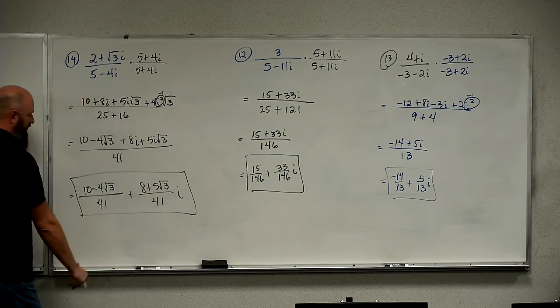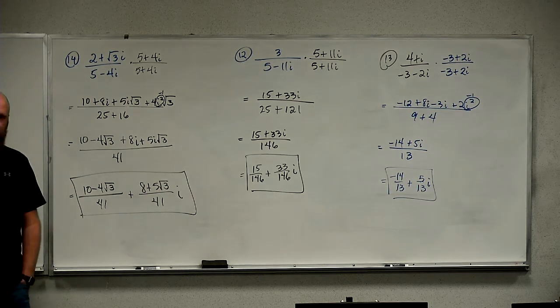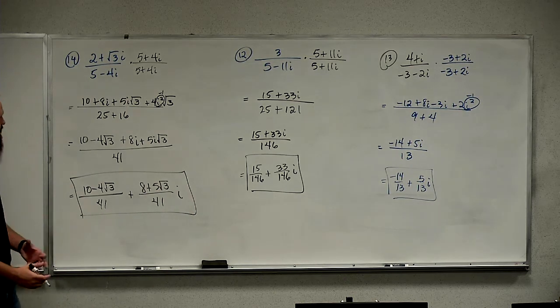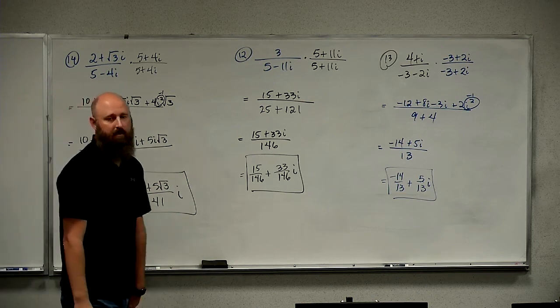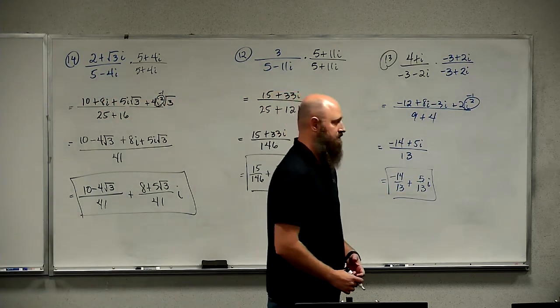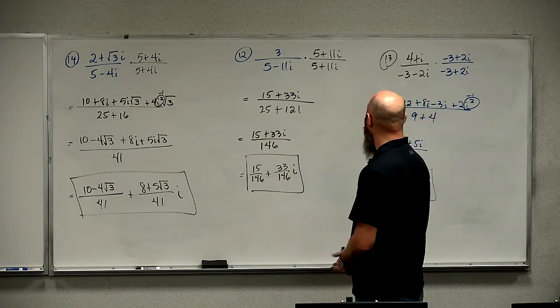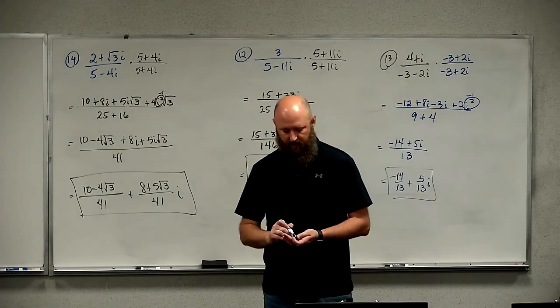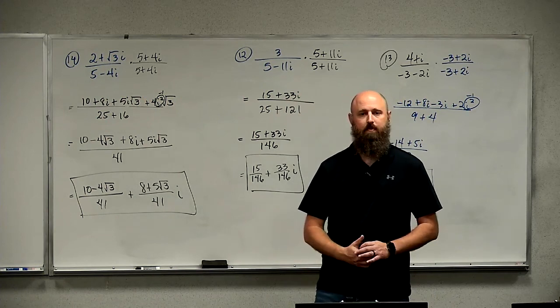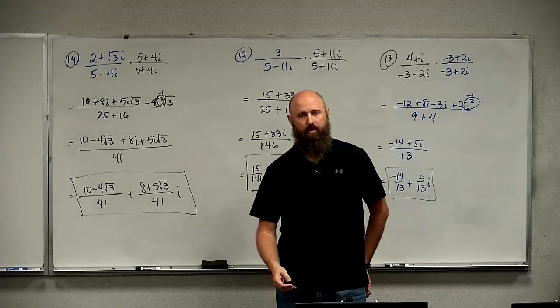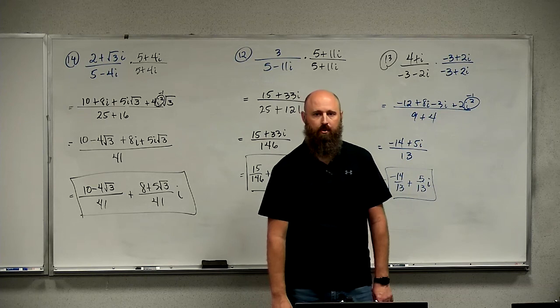And all of that ugliness is your answer for that one. But we did get it in the right form. We got the i off the bottom of the fraction for those pieces. Okay. So that's probably the ugliest one of those. These others aren't as bad when we're looking at those pieces. Okay. But you got to pay attention to those powers on those i's so that you do things correctly and put together the right pieces.